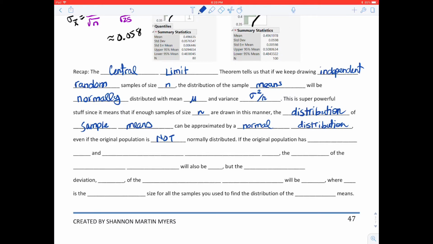So if the original population has mean mu and standard deviation sigma, the mean of all the sample means will still be mu.